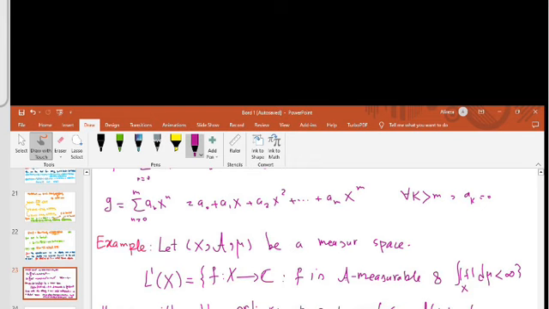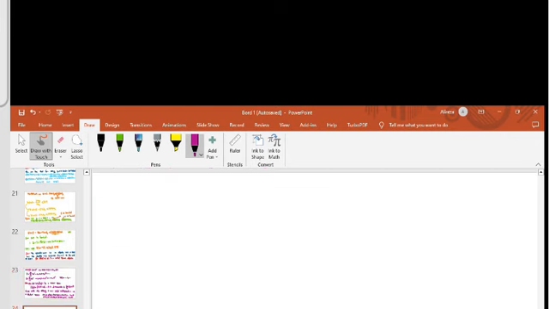It is very easy that these two functions are in L1, okay?